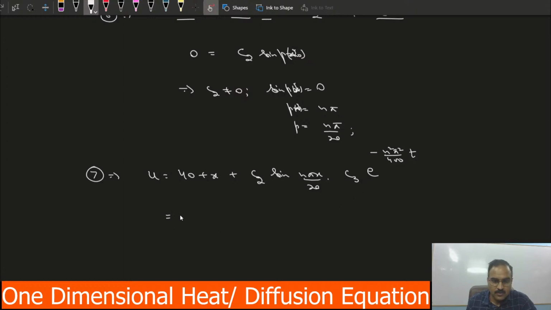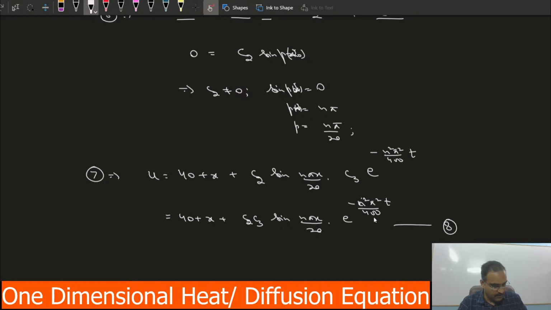Okay, so rewriting it as 40 plus x plus c2 c3 sine of n pi x by 20 into e raised to power minus n square pi square t over 400, and let it be equation number 8. Okay, so this is your equation number 8. Now we have to move further.